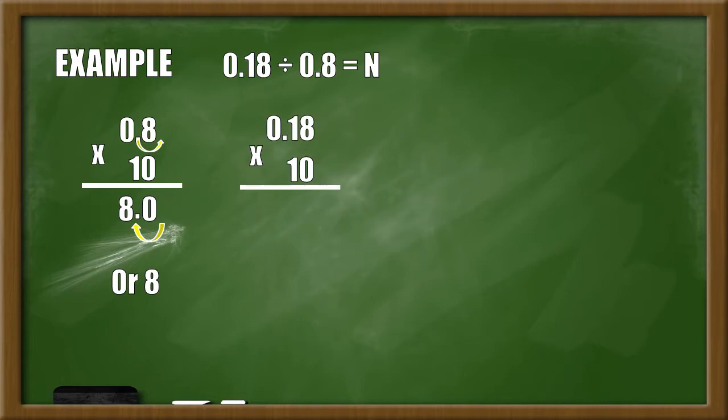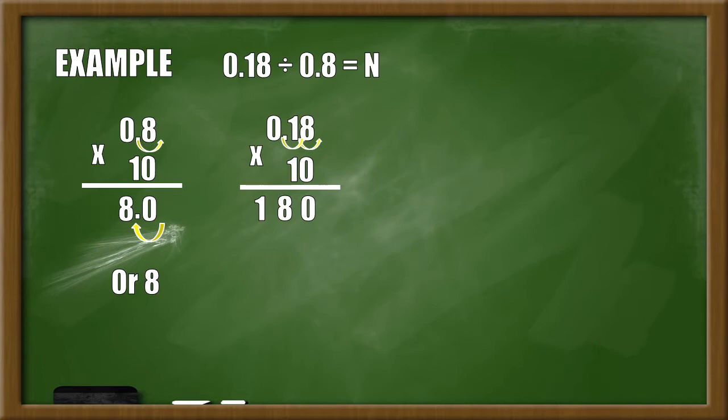So again, bring down 0, then 1 times 8 equals 8, then 1 times 1 is equals to 1. Very good. Then what will we do? We will move the decimal place to the right. So how many move? 1, 2. We have 2 moves going to the right.